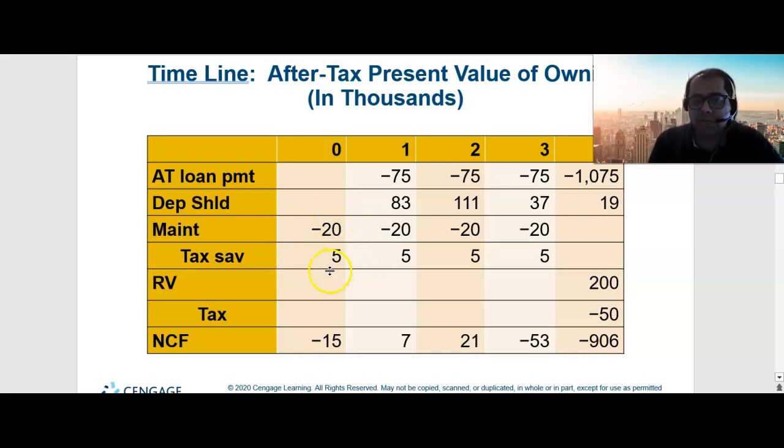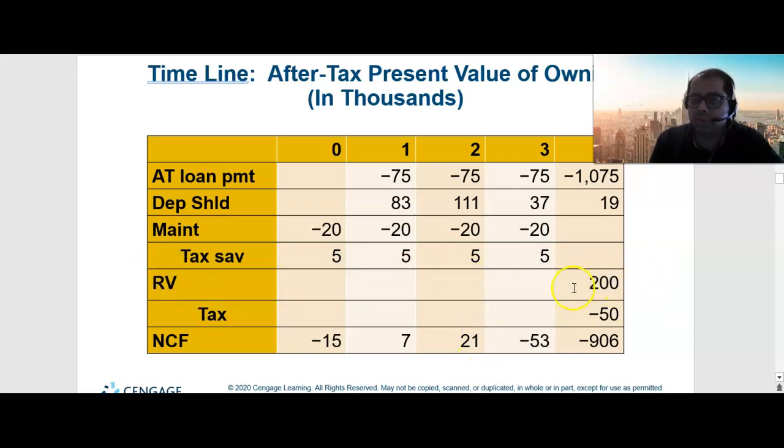So this is the tax saving which comes from using this maintenance contract, and you save 25% of $20,000, which is 5,000. So every year whenever you're paying for maintenance, you're saving overall taxes, right? And you're getting this $5,000 every period.